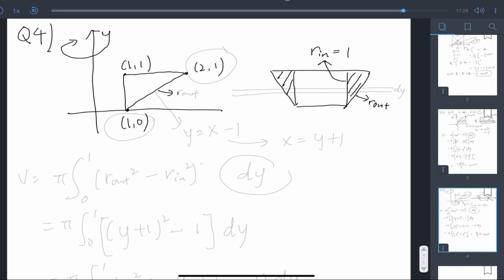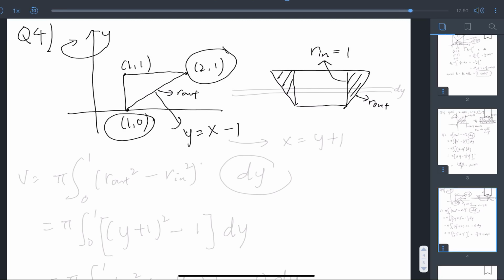This is the outer radius. We have 2 points, so we can find the linear equation from these 2 points, 2, 1 and 1, 0, and we get this equation: y equals x minus 1.